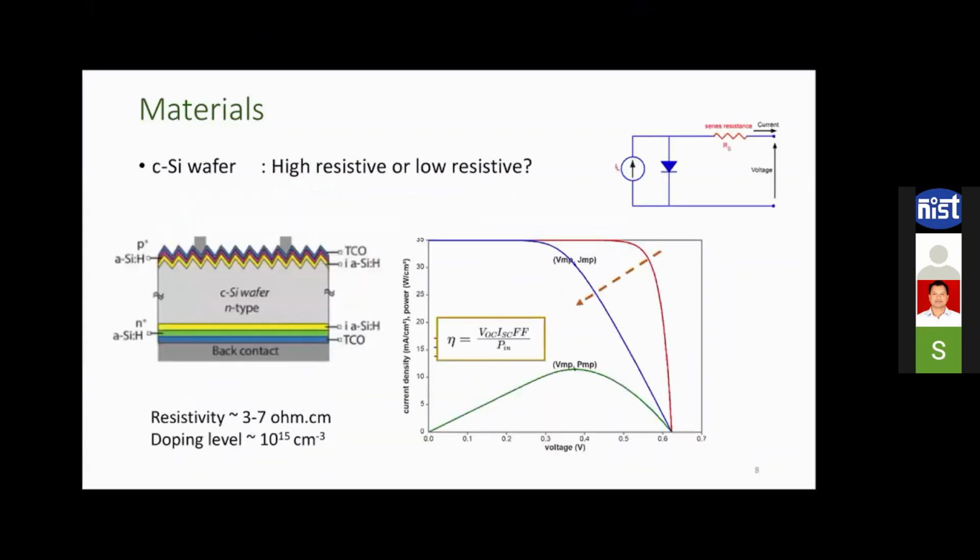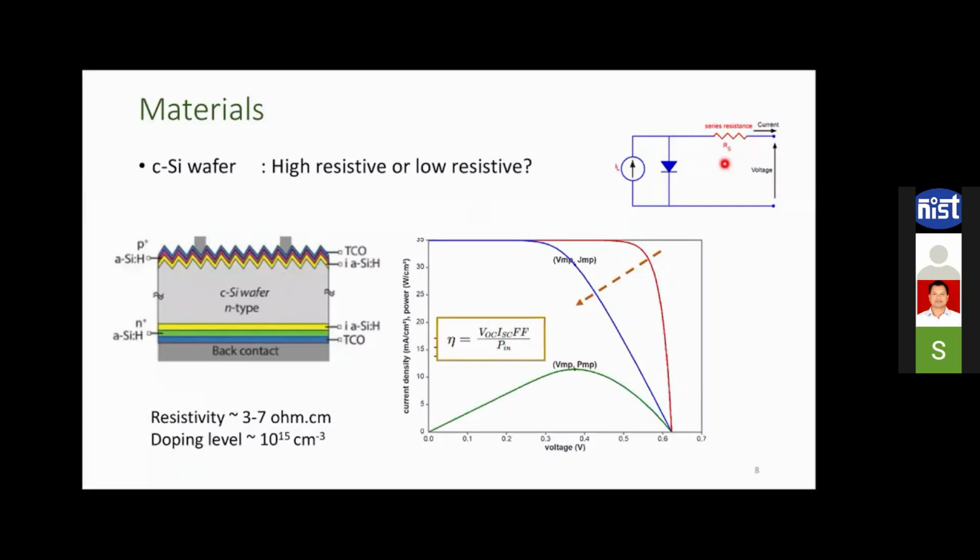What happens if you are going for a high resistive wafer to make your crystalline silicon solar cell? The resistance that your photo-generated carriers will see while traveling across your device will be high. That means it increases the overall series resistance of your solar cell.